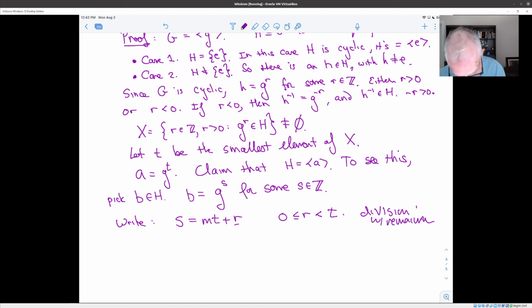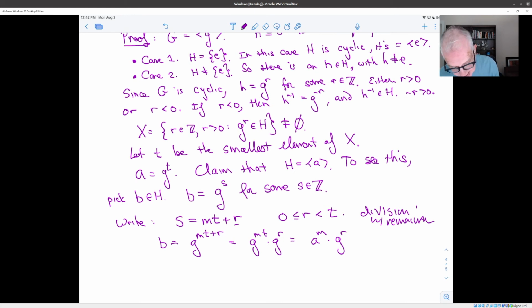And as a result, we have that b is g to the mt plus r. But g to the t is what we called a. So this is g to the mt times g to the r, which is a to the m times g to the r. And remember what we said.